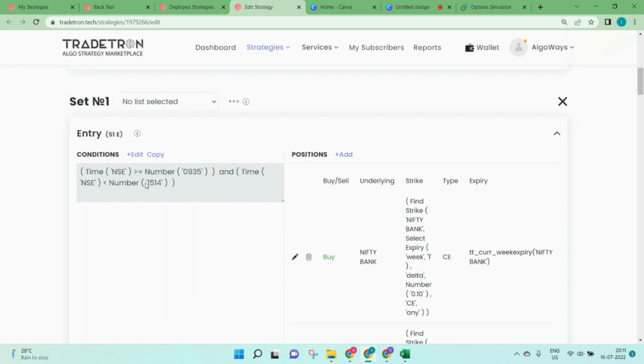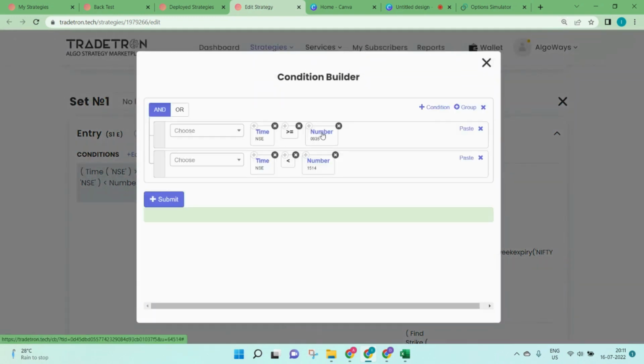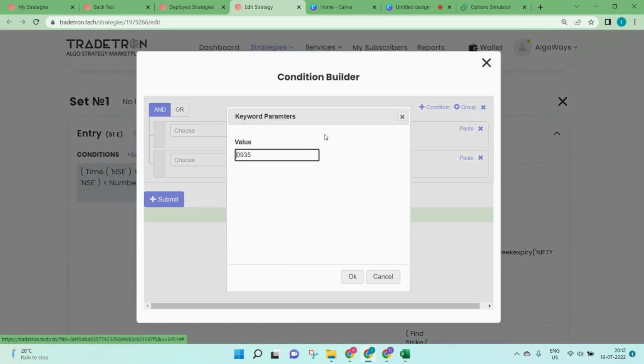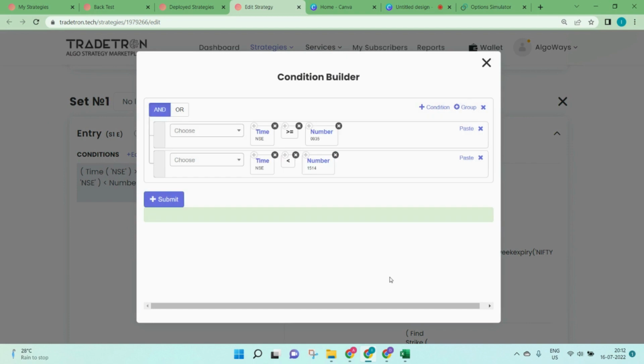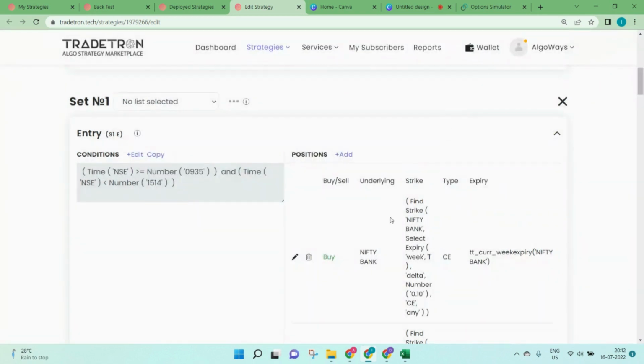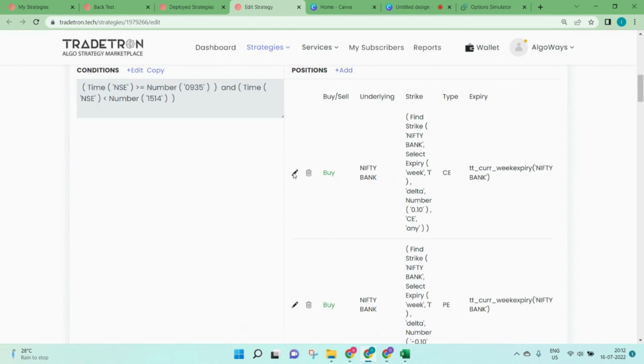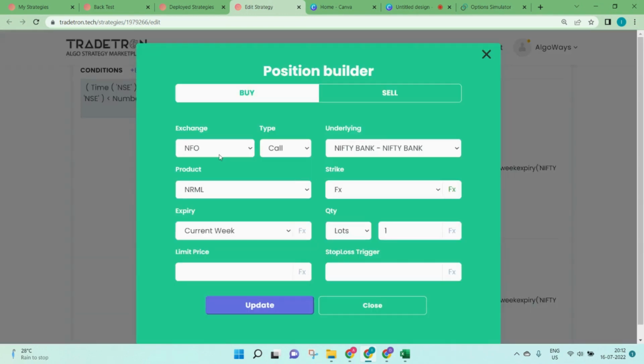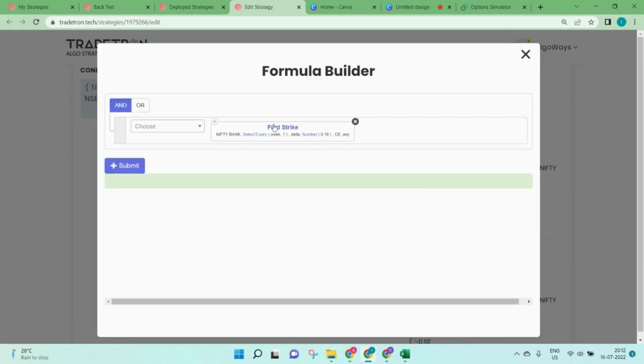In set 1 we are putting the time. I have put 9:35. You can put any time from 9:20 onwards up to 9:30 or 9:35; I'm not very particular about it. We have bought the 10 delta: NFO, call, Nifty Bank, and here we go to find strike, select expiry one.